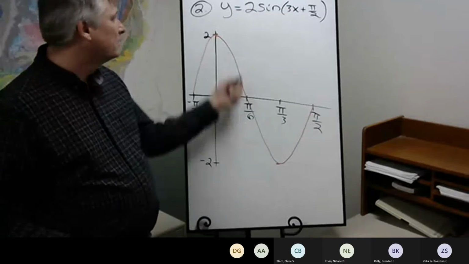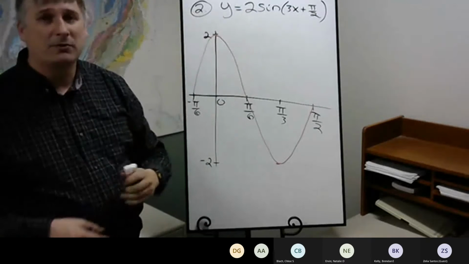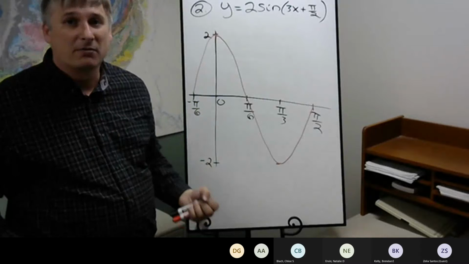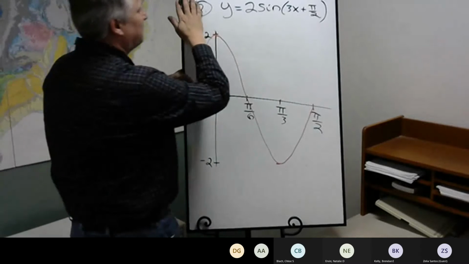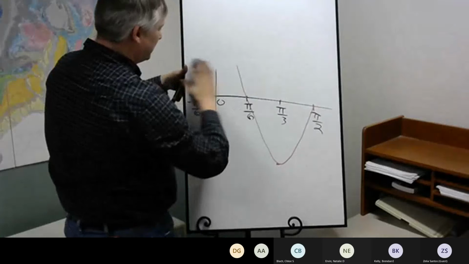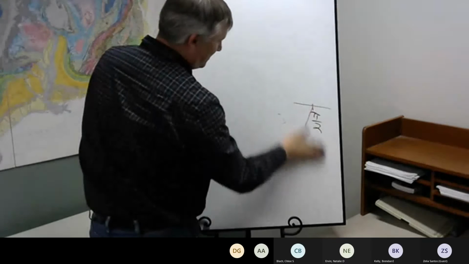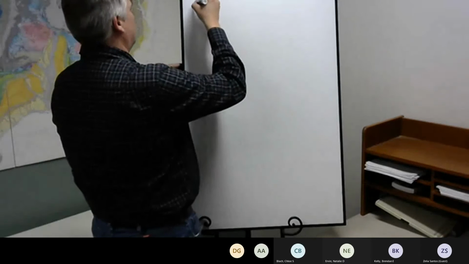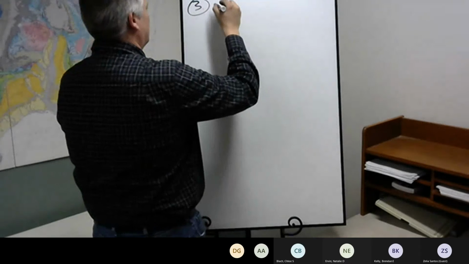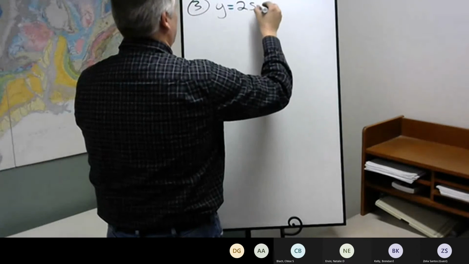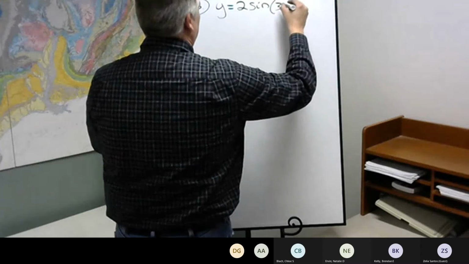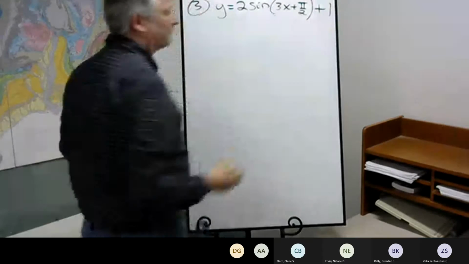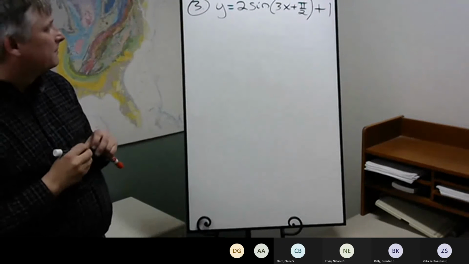Then we're going to take that function and do the stretch, multiply by 2 in this case. It's going to double the vertical size of this function. Finally, we're going to shift it by 1. Plus 1, we're going to get a vertical shift.